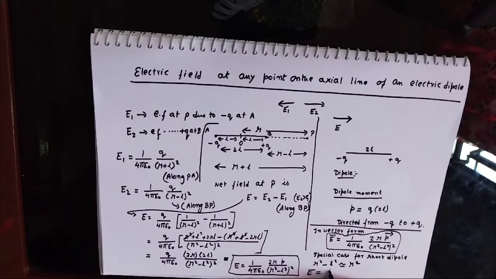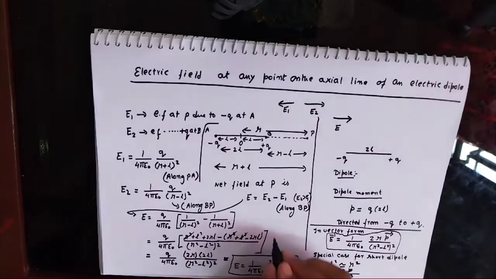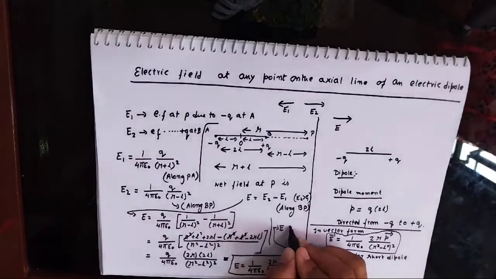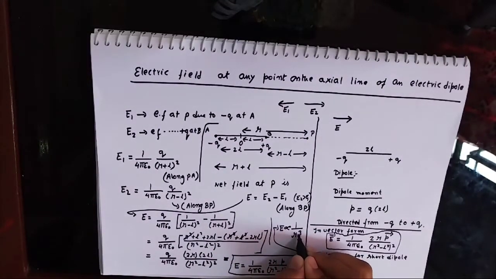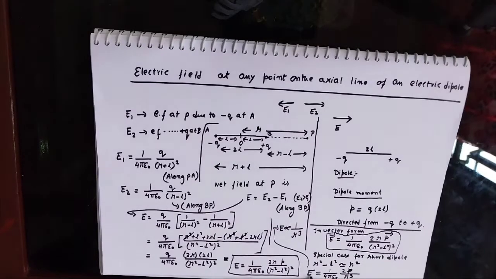Electric field is equal to 1 by 4 pi epsilon naught, then 2R, no, not 2R, 2P. This one R will get cancelled and we'll have R to the power 3. So from this equation, we can say that E is inversely proportional to R cube. Okay, so this E is 1 by 4 pi epsilon naught 2P divided by R cube. So from this equation, we can say that E is inversely proportional to R cube.